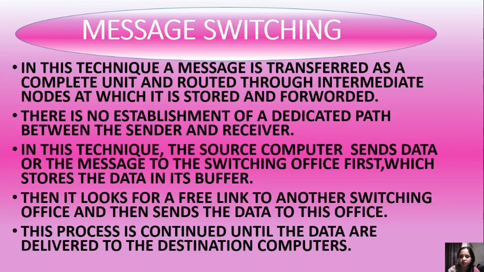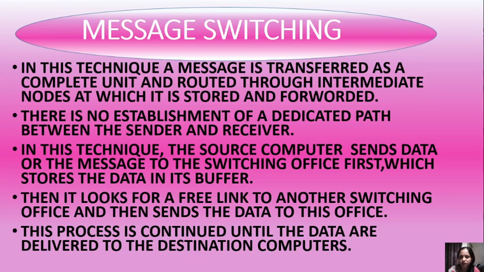Suppose a system is a network. It means definitely there will be many nodes or workstations, or we can say computers. So if one person is sending a message, there will not be a direct path.